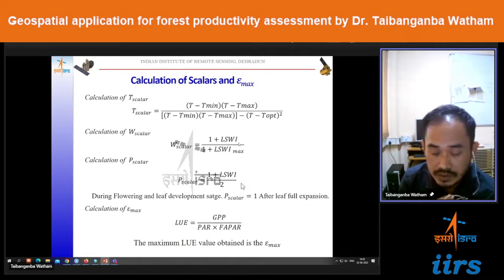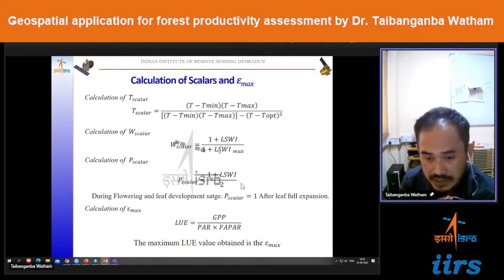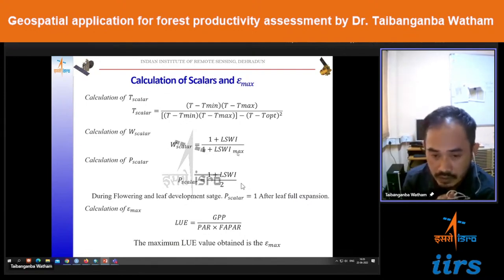Once we have calculated the LSWI, we can stack it and get the maximum value for a particular year, season, or growing season. Once we have this maximum LSWI value for a particular pixel, then for each and every pixel and each and every time, we can calculate how much stress there is, or how good the condition is due to moisture or water availability for that pixel. That will give us the water scalar.